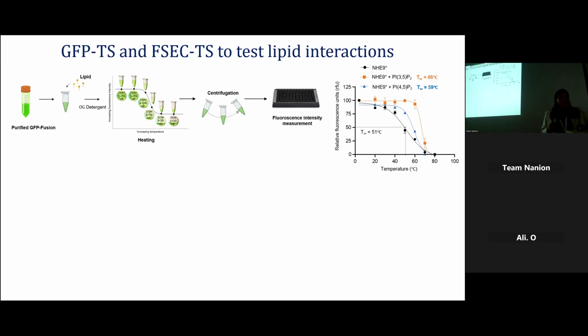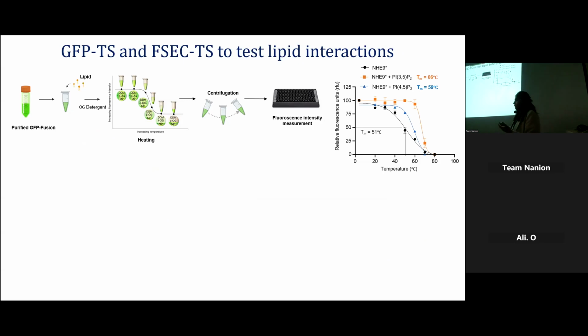Further, to test and confirm the lipid specificity, we did this GFP-TS assay where we take the purified fusion protein, then we add those lipids and incubate the protein for 30 minutes, and then you add the detergent beta-OG, and then you heat the sample for 10 minutes.